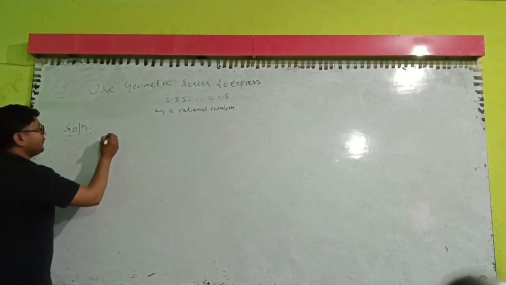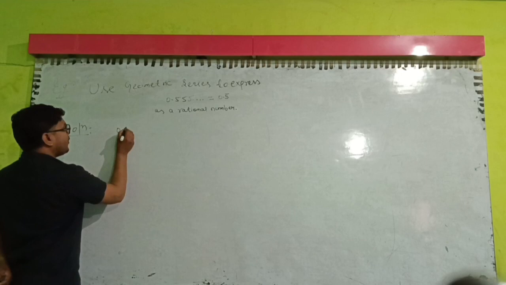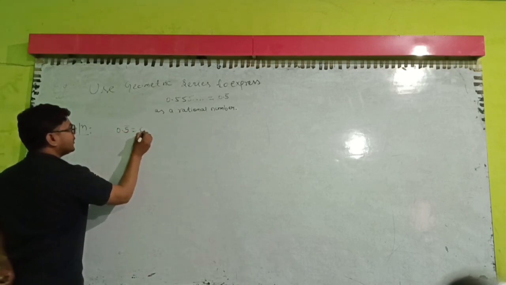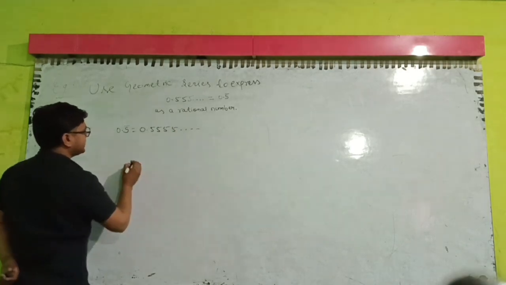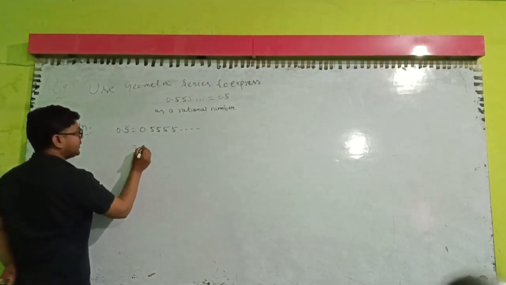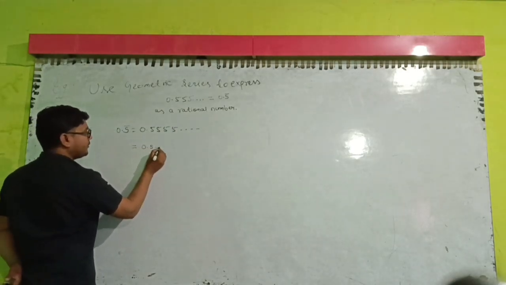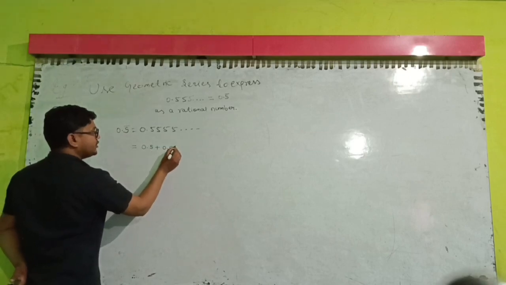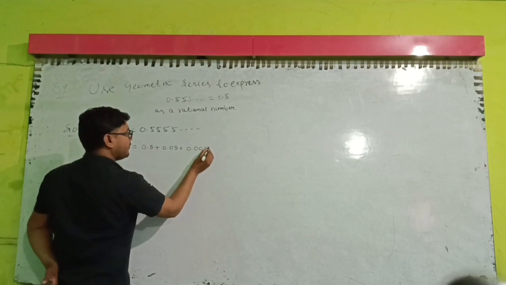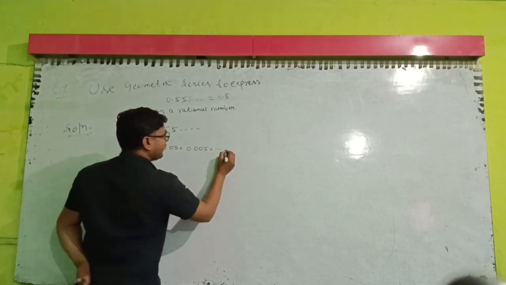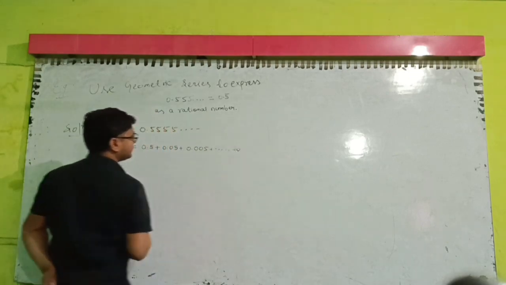Okay. Now let 0.5 bar equal 0.555 and so on. Again we break it as 0.5 plus 0.05 plus 0.005 plus, and so on up to infinity.